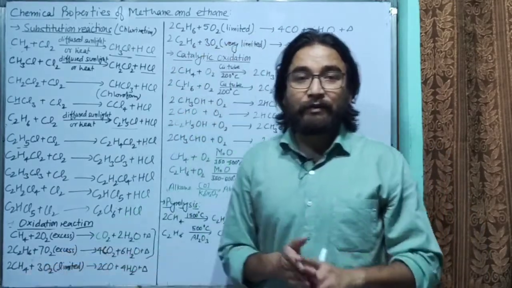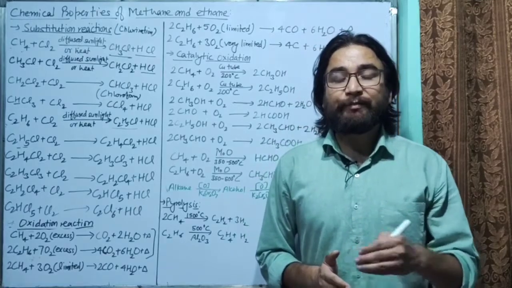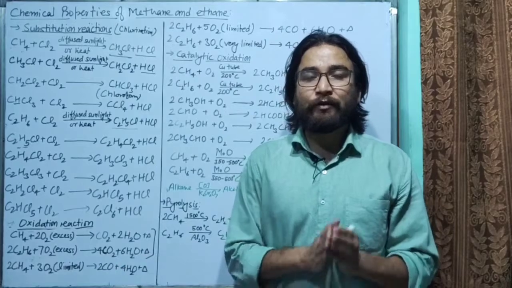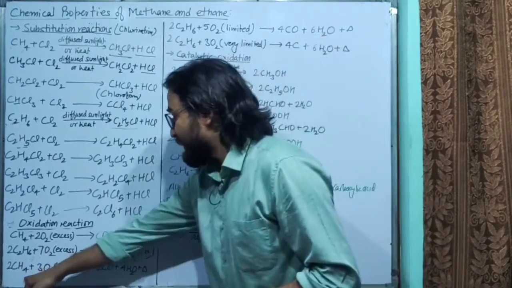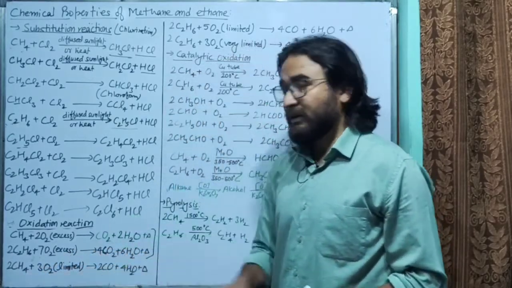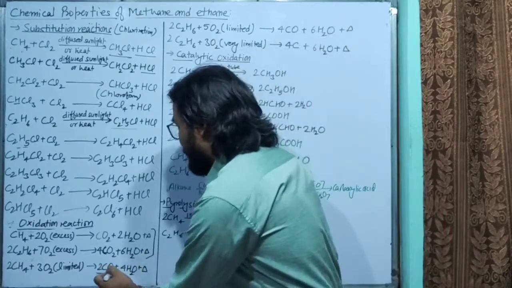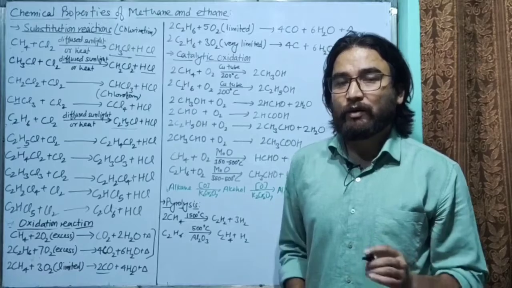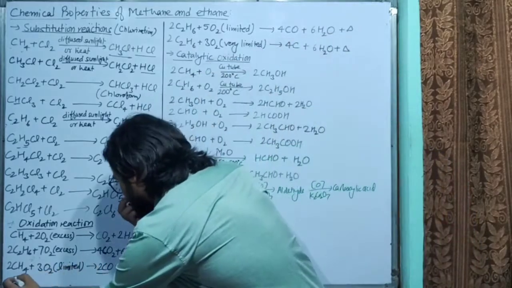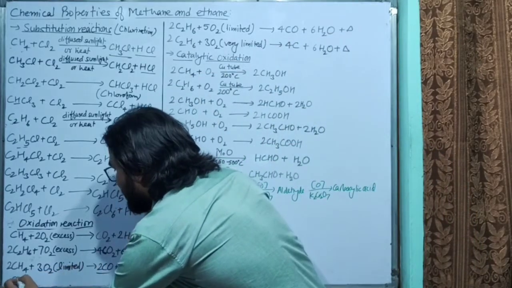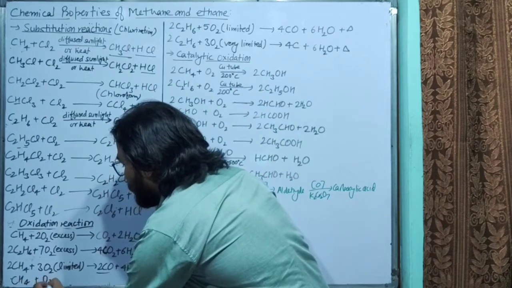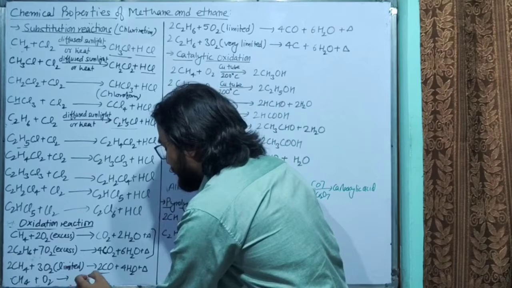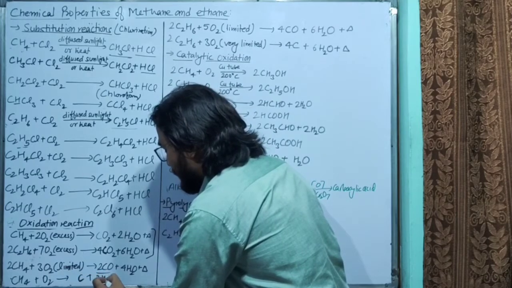incomplete combustion. If combustion is not completed, in a limited supply of oxygen, if oxygen is not enough, methane on reaction with oxygen will give CO, that is carbon monoxide, not carbon dioxide, and water. And if there is a very limited supply of air, for example CH4 plus O2, the very limited supply of air, you will get carbon plus 2H2O.